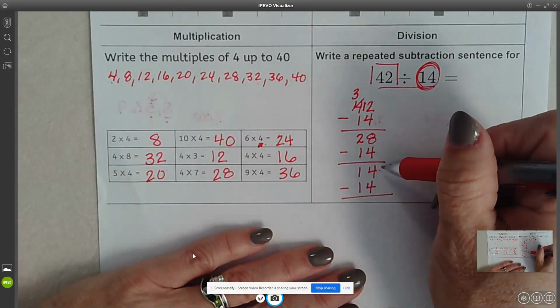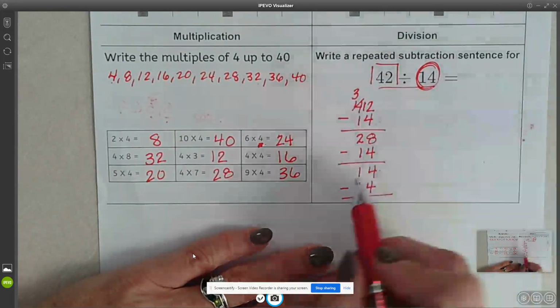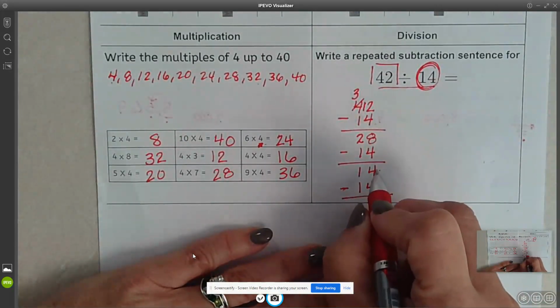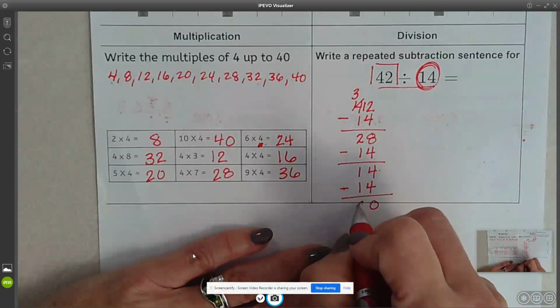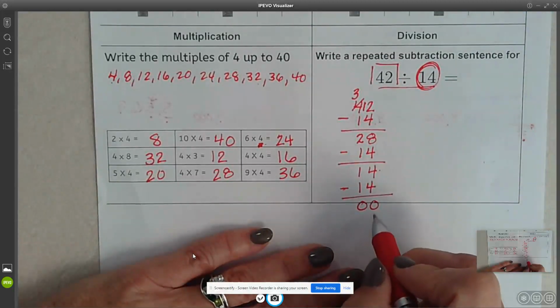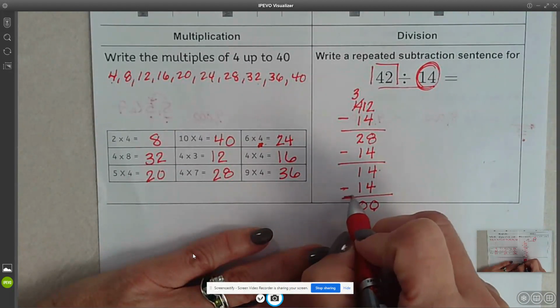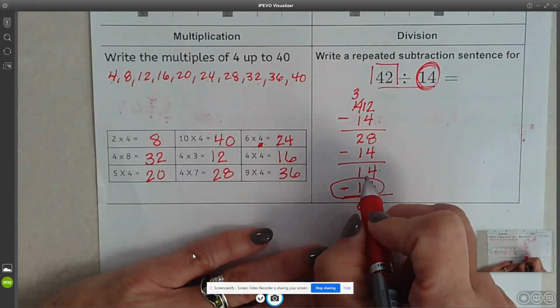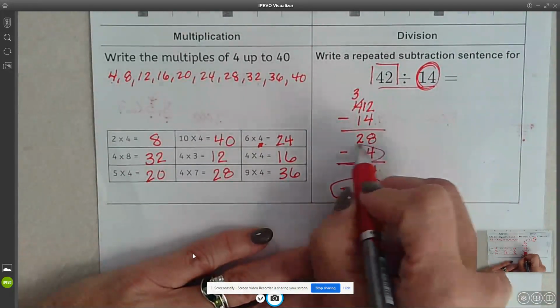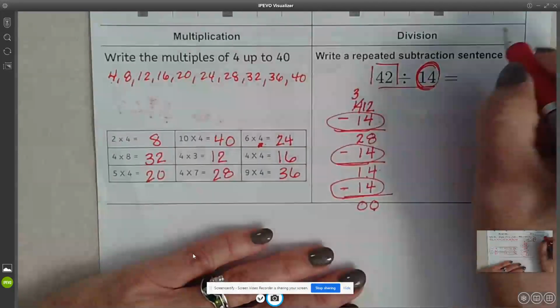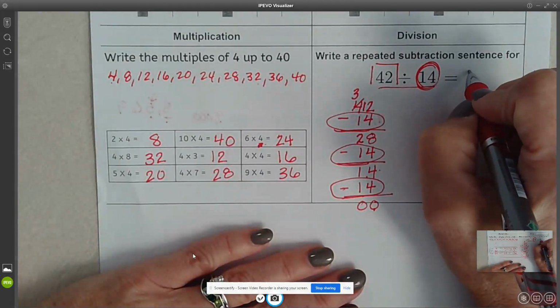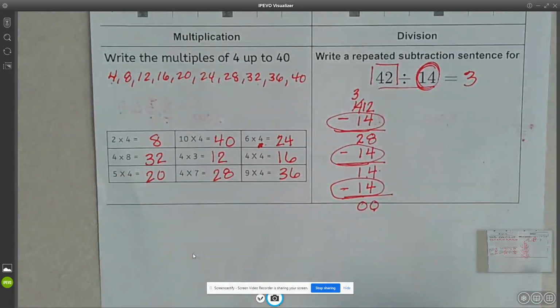It's not an actual subtraction. The ones I subtract, I put the minus signs. 4 minus 4 is 0. 1 minus 1 is 0. So did I hit 0? Yes. How many times did I subtract 14? 1. That one doesn't count as a subtraction. 2 and 3. So therefore, 42 divided by 14 is 3.